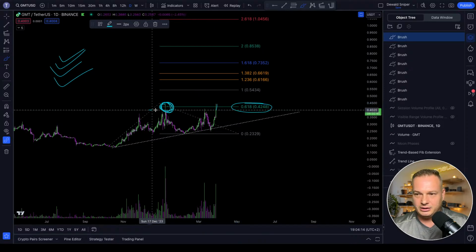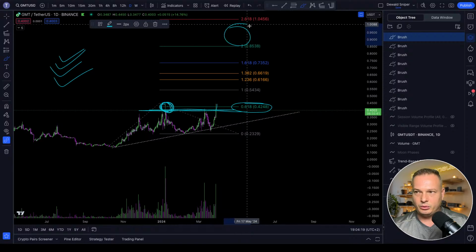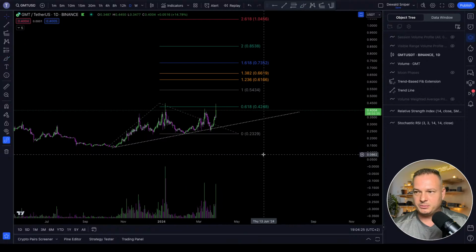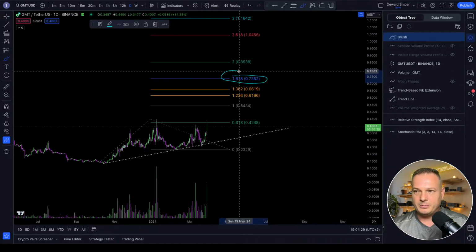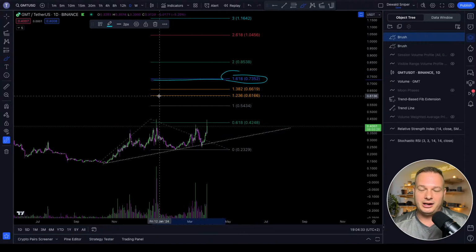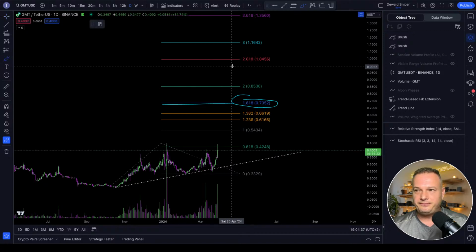So I like the coins that are still here, not the coins that are here already. This is why I added GMT to my spot bags, and I'm still expecting at least a target of the 1.618. For those of you that have been following me, you know exactly why I like these levels.